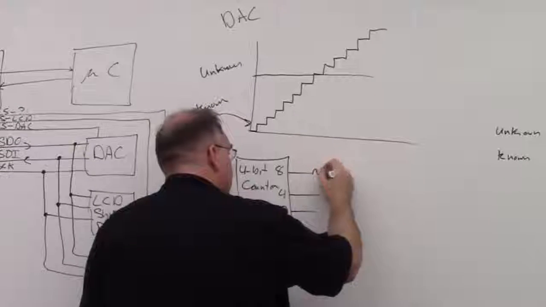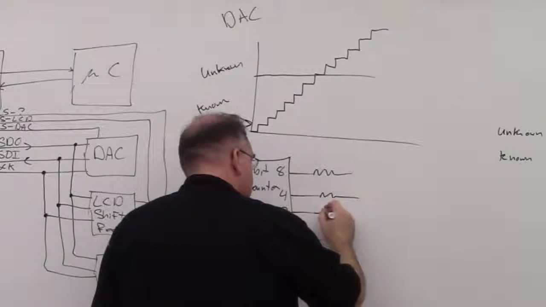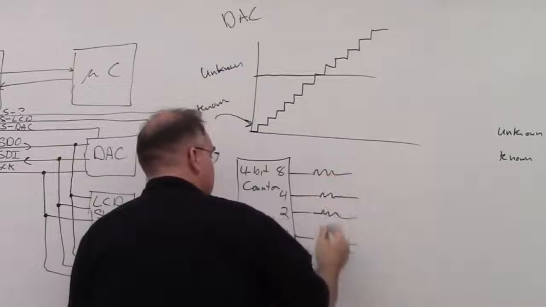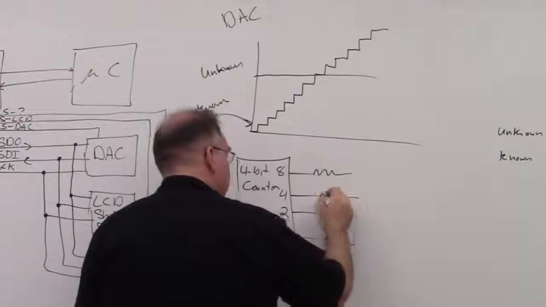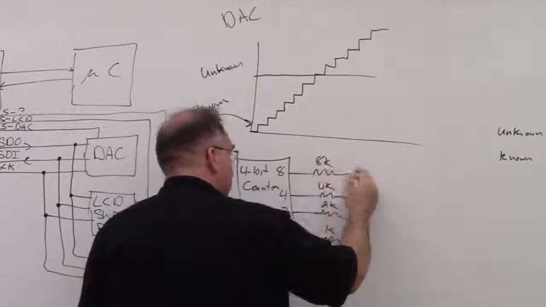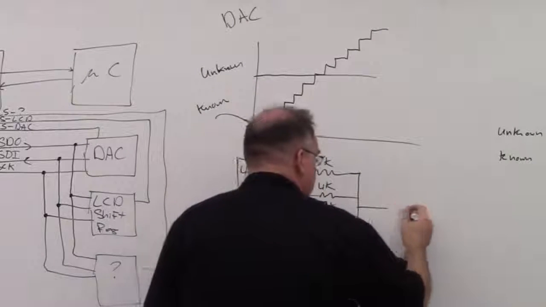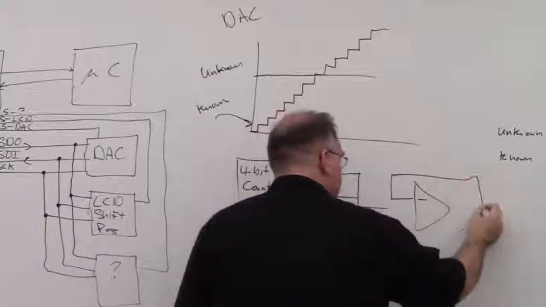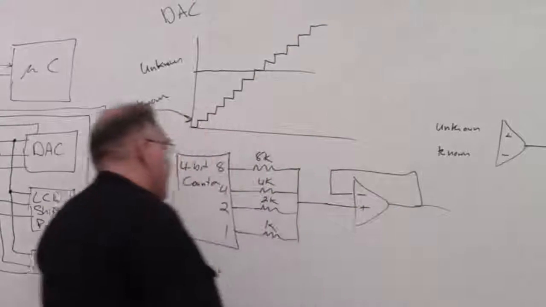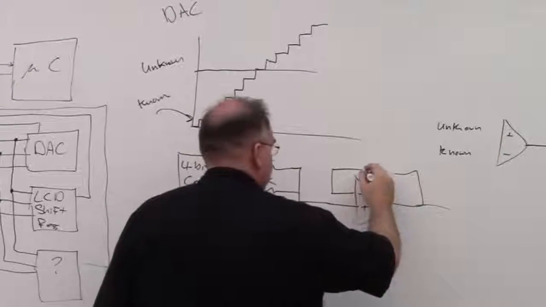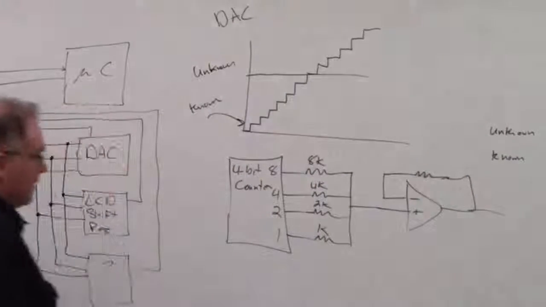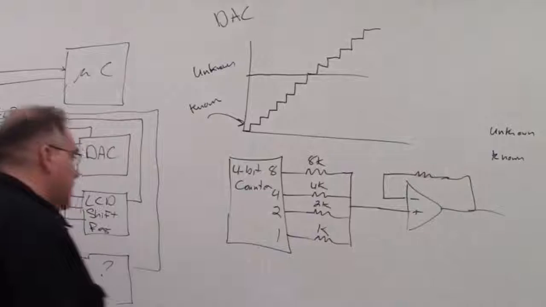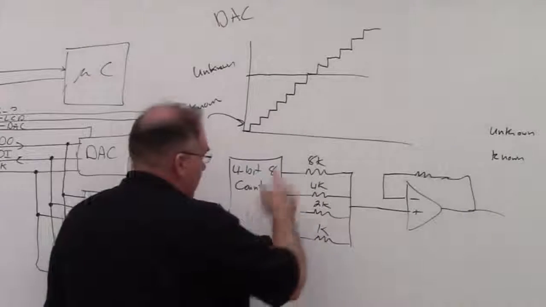And if we put those through resistors that have similar weightings, say 1K, 2K, 4K, and 8K, and then these are summed up, they go into an op amp. You could sum the currents when these outputs go on.